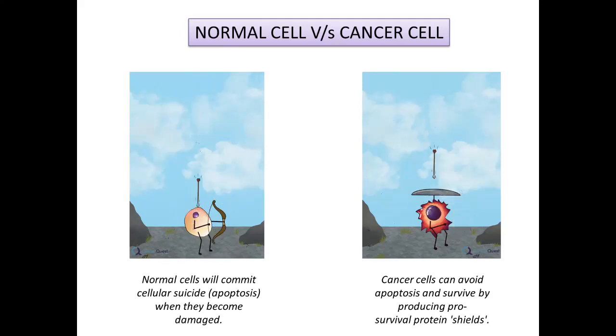Here we can see how a normal cell dies and a cancer cell does not die easily. In the first graph, we see a normal cell.